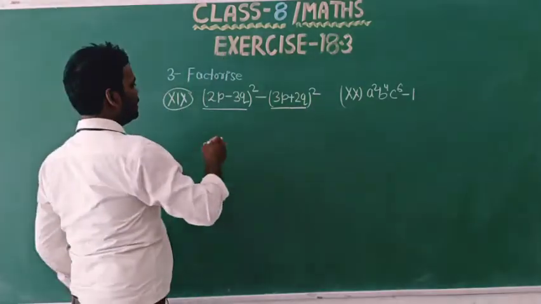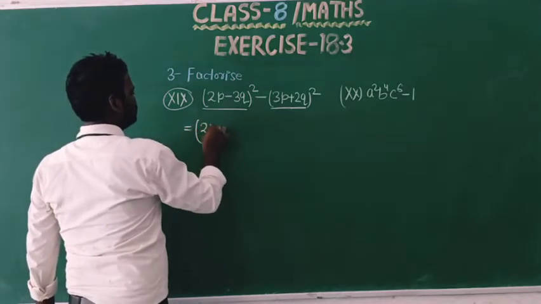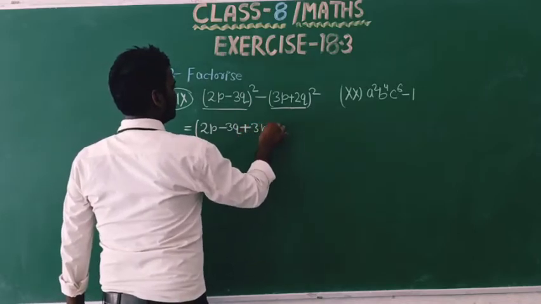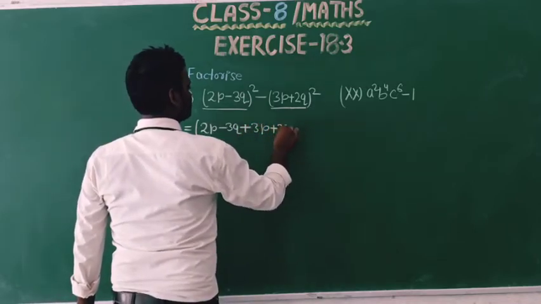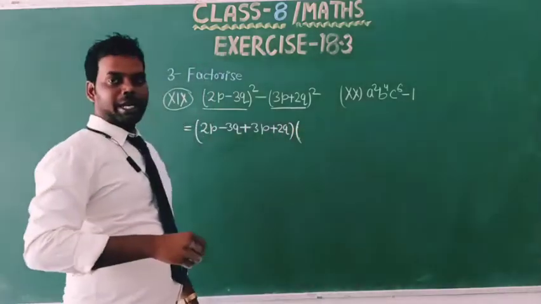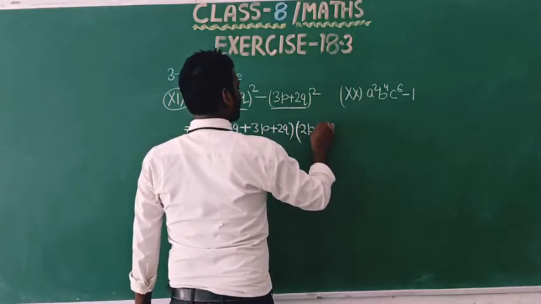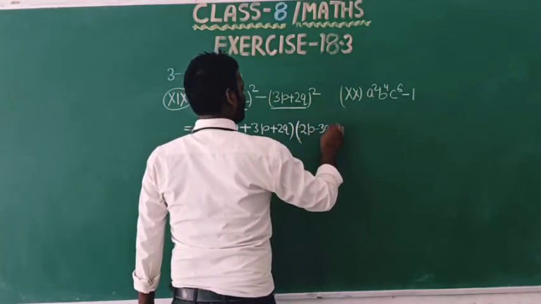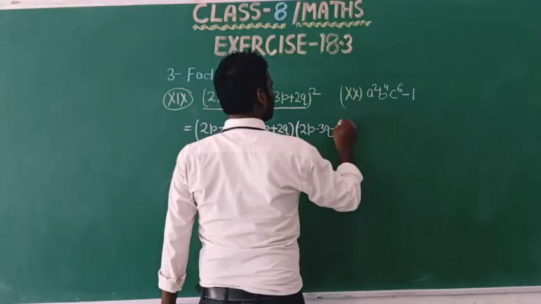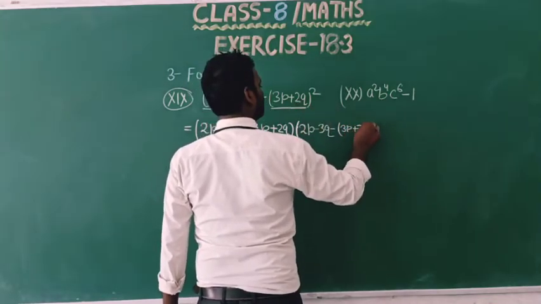So now using the identity a square minus b square, this becomes in one bracket 2p - 3q + 3p + 2q, and in the other bracket 2p - 3q minus (3p + 2q).